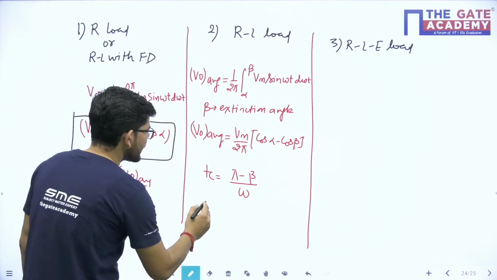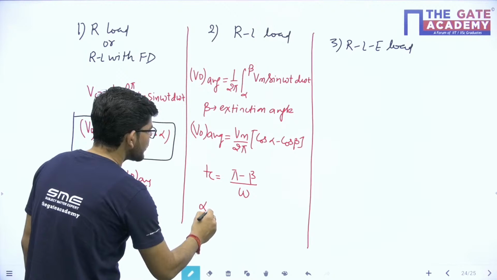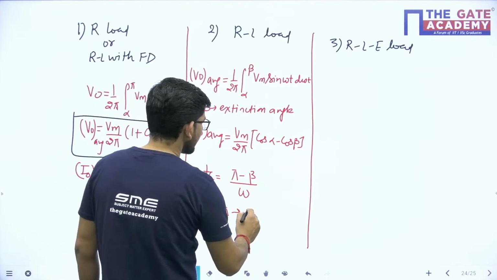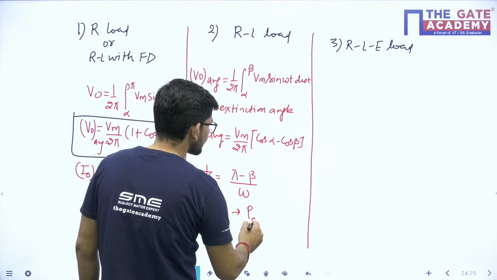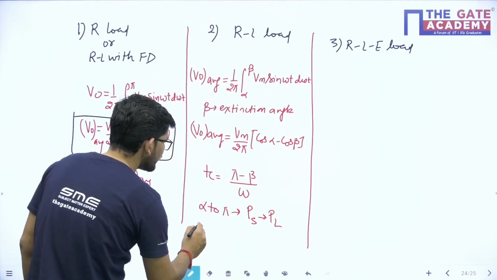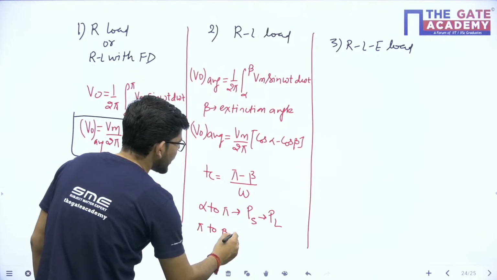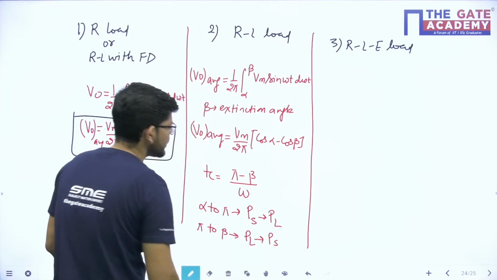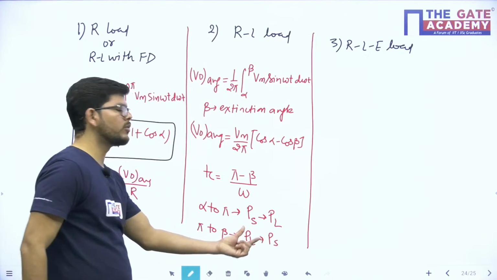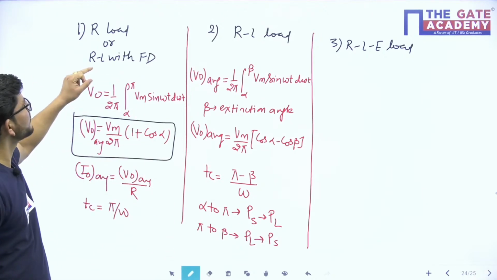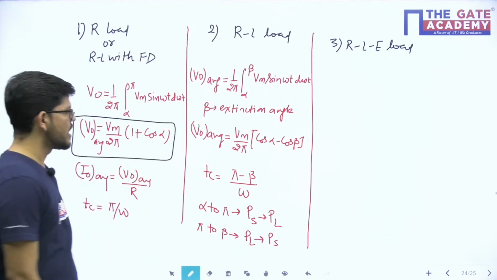And what will happen here: for alpha to pi, the power transfers from source to load, and for pi to beta, the power transfers from load to source. So this is the problem, the power transfer from load to source, and that's why in this particular case we install a freewheeling diode in parallel.